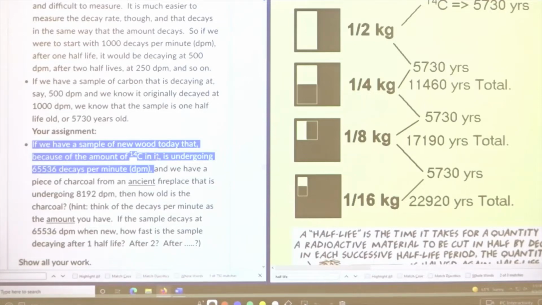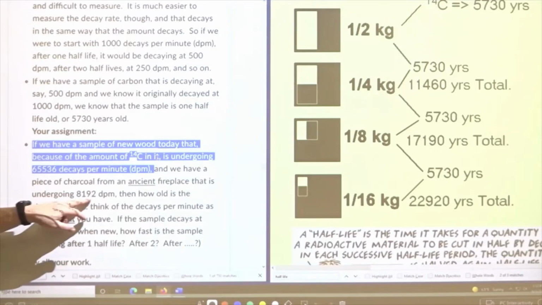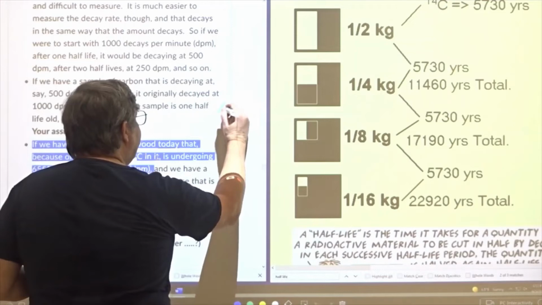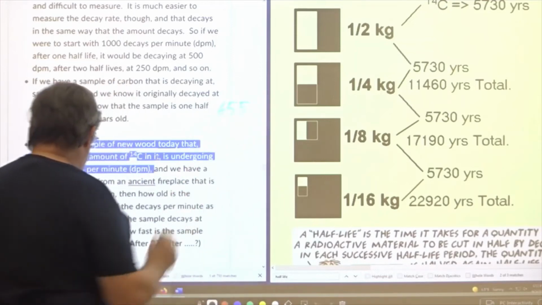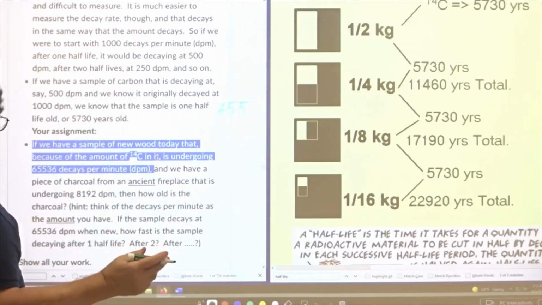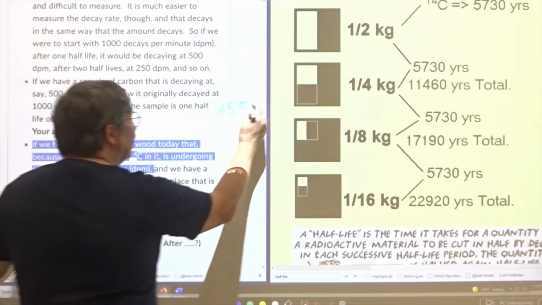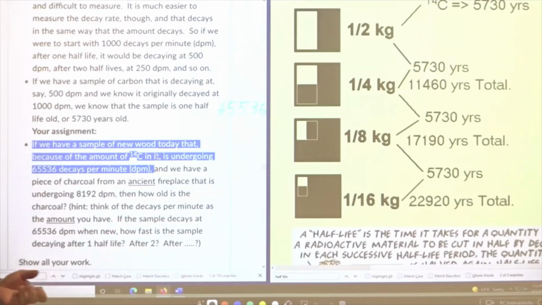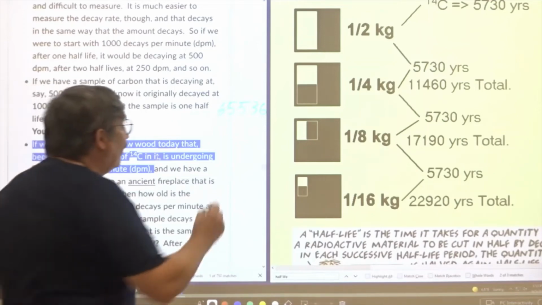If we have a piece of charcoal from an old fireplace that is undergoing 8,192 decays per minute, how old is the charcoal? Well, in order to figure that out, we start with 65,536 decays per minute. How fast is that going to decay after one half-life? Divided by 2.